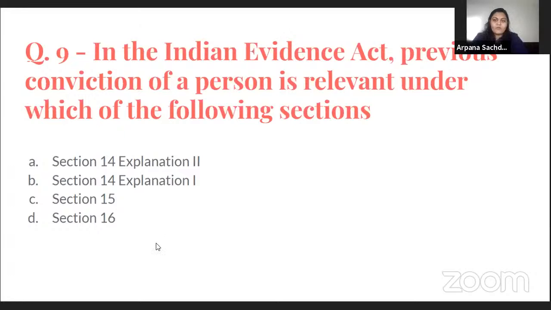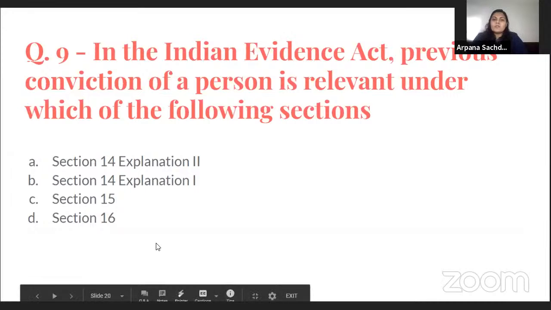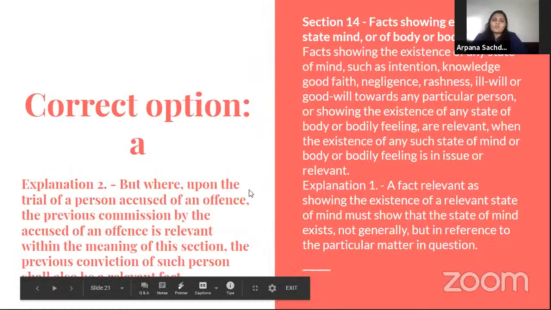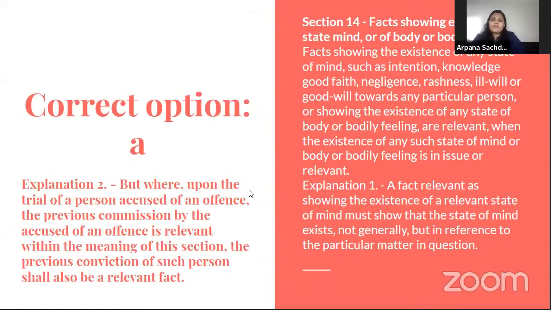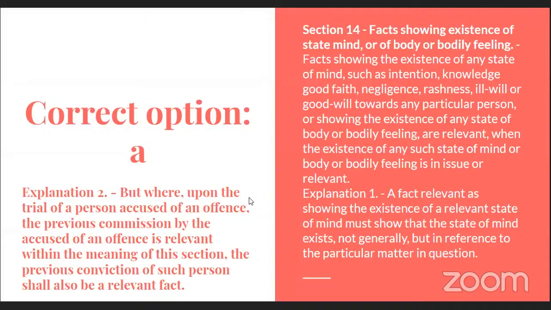Okay, the time is up for this question. The correct option for this question is option number A, that is Section 14, Exception 2. So what does it say? We have already discussed Section 14 in our previous slide, so let us discuss Exception 1 and Exception 2 over here. Exception 1 says that a fact relevant as showing the existence of a relevant state of mind must show that the state of mind exists not generally but in relation to the particular matter in question.